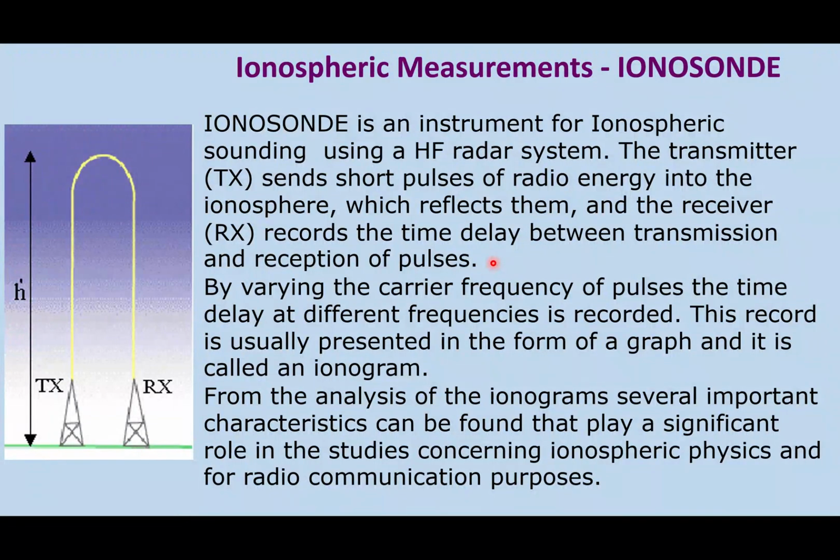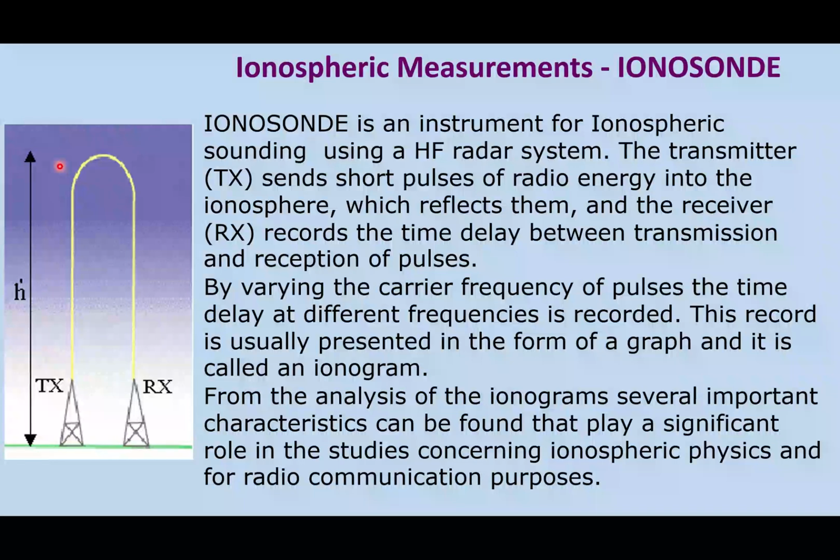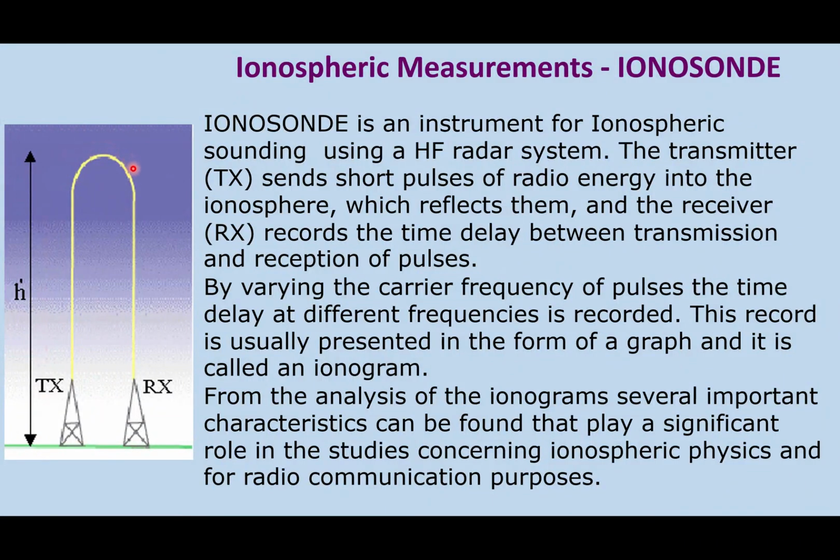Similarly, here radio wave is used. So the transmitter TX, marked in this adjacent figure, transmits short pulses of radio energy into the ionosphere. Then, as we saw in the previous slide, when the condition for reflection is satisfied, the wave transmitted by the transmitter gets reflected back towards the Earth, and is received by the receiver Rx.